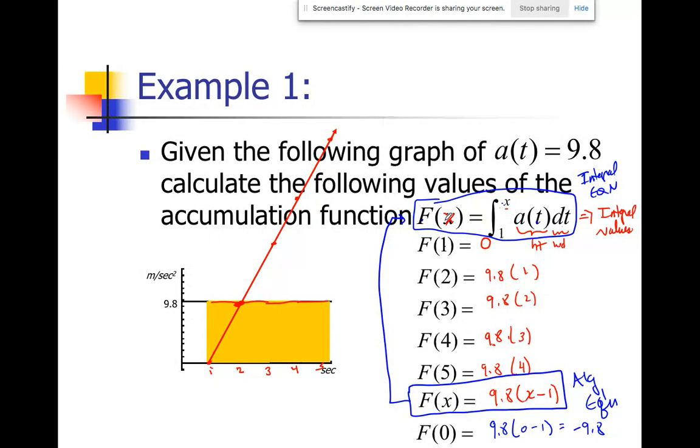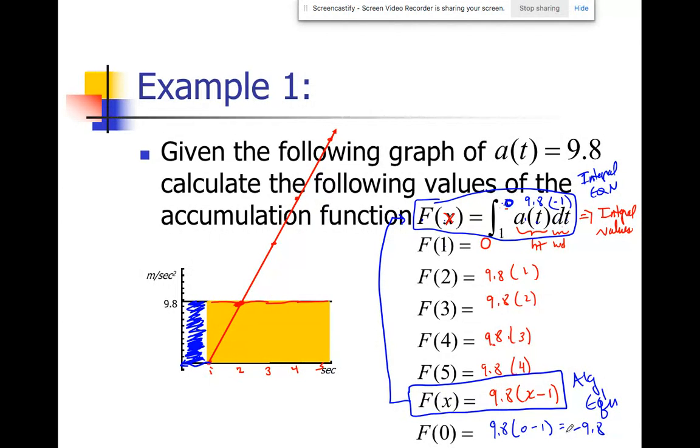What is capital F of 0 when you had the integral equation? The function height was still 9.8, but what was your dt? Going from starting at 1, going back to 0, is this rectangle. It is this rectangle, but the integral value is negative because your dt was negative. Yes, I got the same thing.